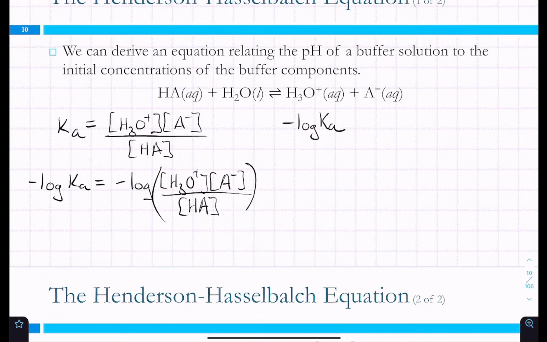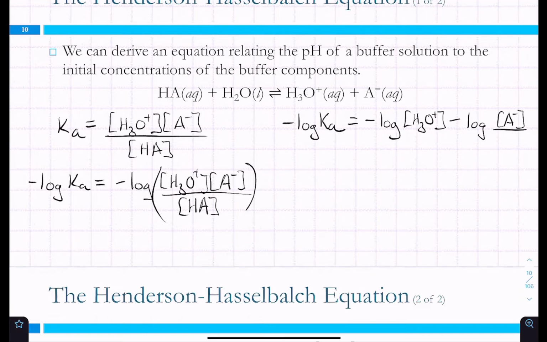So this can be instead negative log of Ka equals the negative log of H3O plus, and because it's the negative log, we have to distribute that negative. So it's minus the log of A minus over HA.